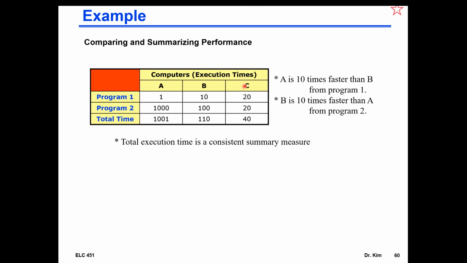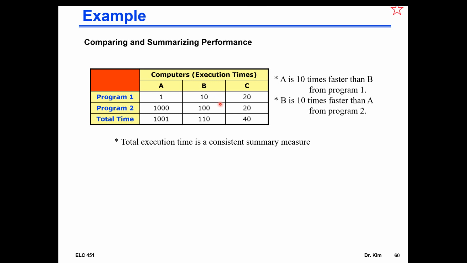Execution time is the best indicator of performance when it comes to an actual computing system that is running software. So here we can say that system A is 10 times faster than B for program 1 because the execution time of program 1 in system A is 1, but the execution time of program 1 in system B is 10.